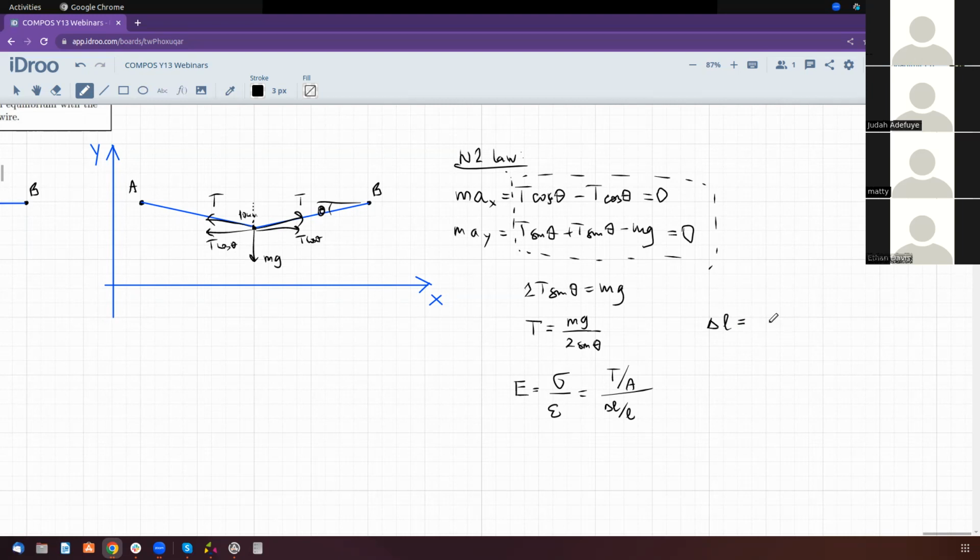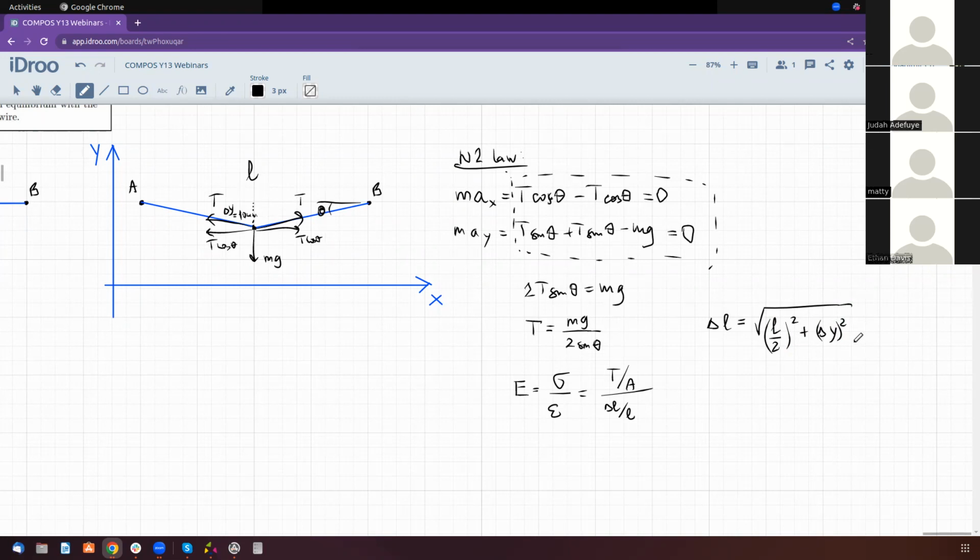So it's the hypotenuse minus the original length, which is L. So it's going to be the square root of (L over 2) squared plus, let's call this delta y, delta y squared.